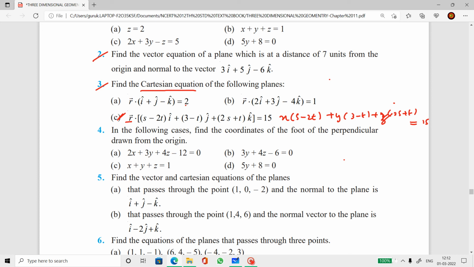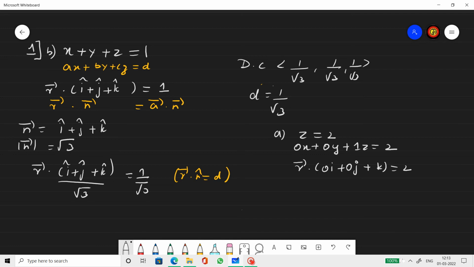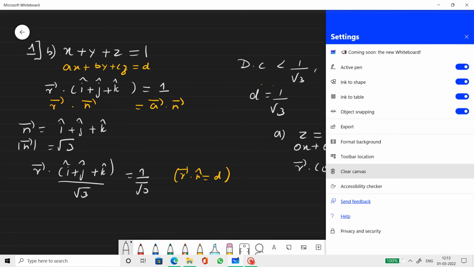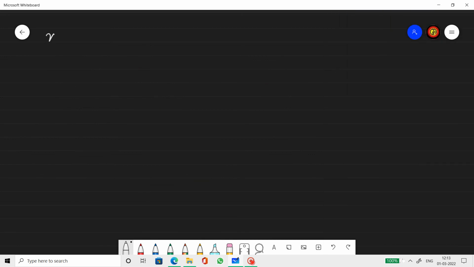Now, question number 4. Finding the foot of the perpendicular. Very, very important sum. Okay? Put a star to this question, it is very important. Find the coordinates of the foot of the perpendicular. I'm going to do this C question. x plus y plus z equal to 1 is the equation of a plane given.